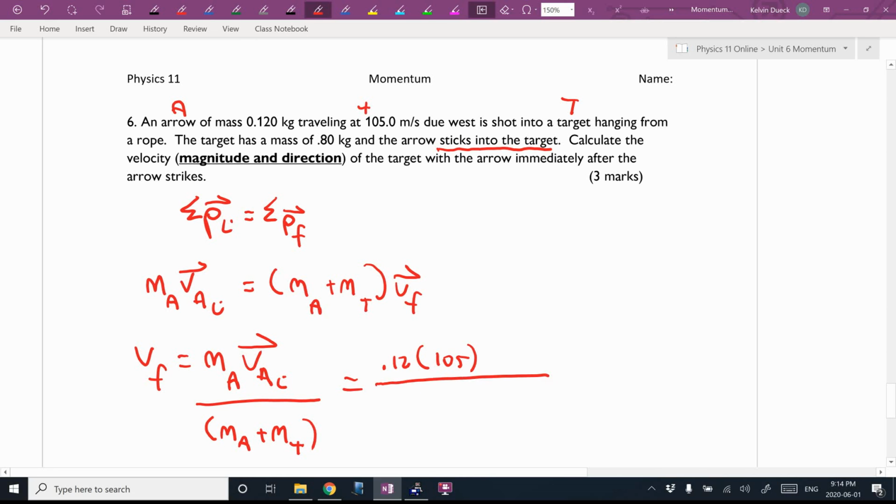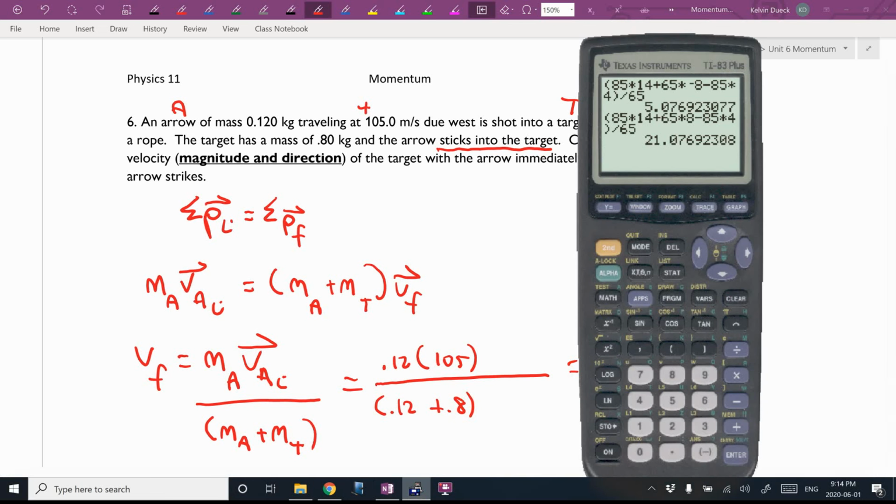Probably a compound bow or something like that. 0.12 plus 0.8. And I get 13.7 meters per second.